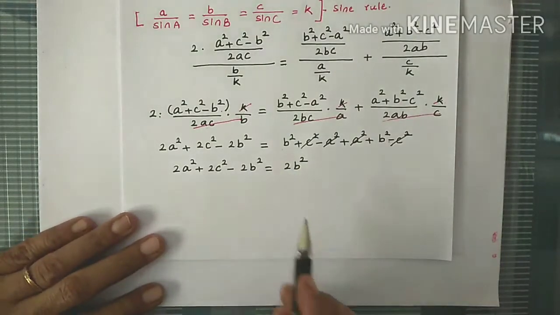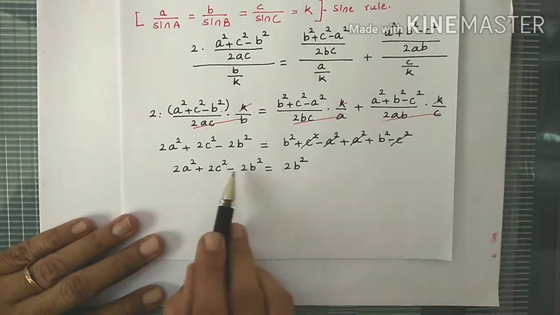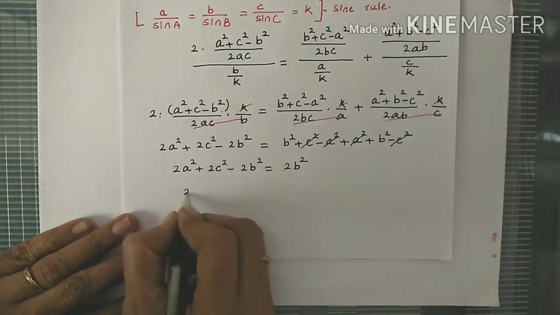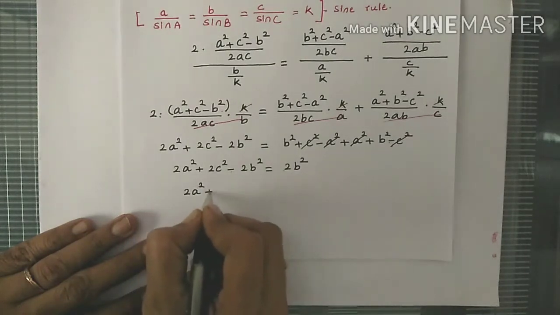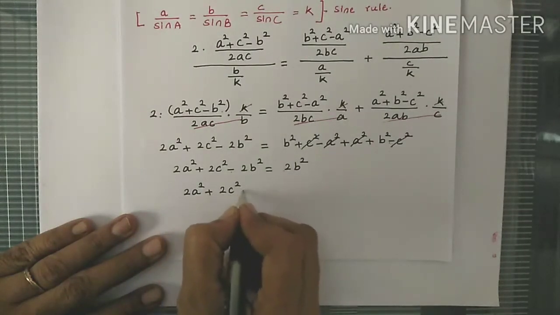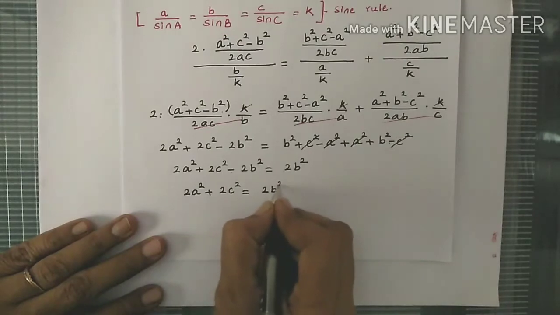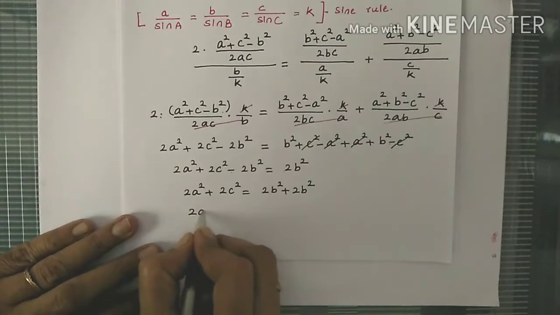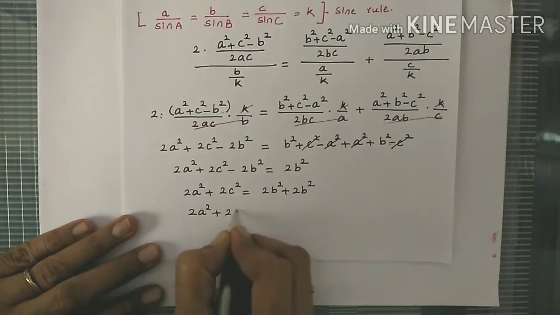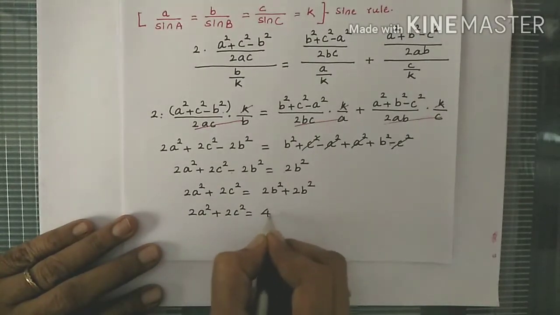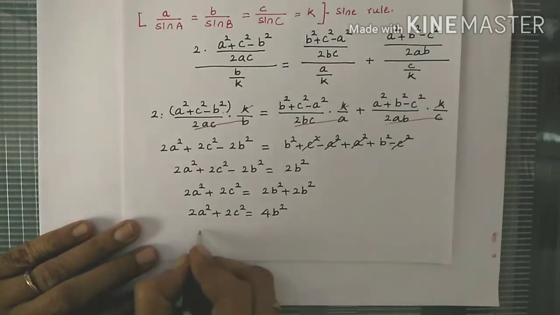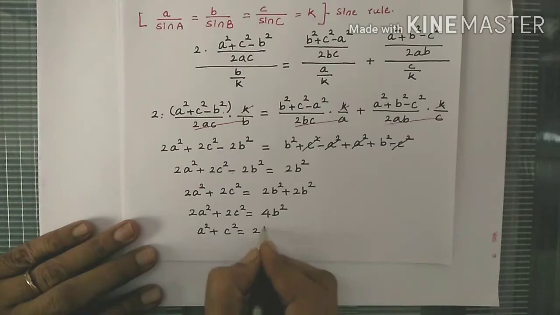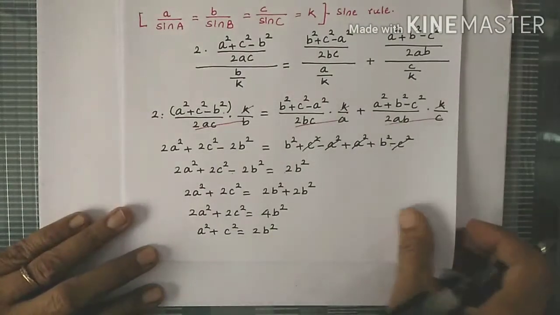2b² does not get cancelled, as it is positive here and negative here. So let's write those b² terms on the right hand side. So 2a² plus 2c² equal to 2b² plus 2b², that is 2a² plus 2c² equal to 4b², and dividing by 2 we have a² plus c² equal to 2b².